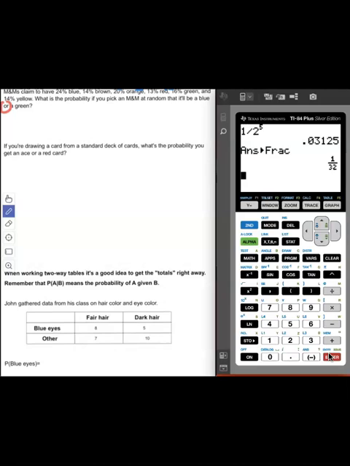So or means add. So the probability of blue or green is the probability of blue, or means add, plus the probability of green. Well, we know the probability of blue is 24. We know the probability of green is 16. We add those together, we get 0.4, which is 40%.